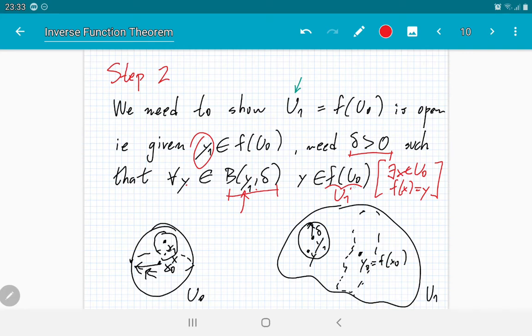Then what does it mean to be in here? It means that y is here if it has a pre-image in u0. So that's the challenge. We don't know much about f, but somehow we need to prove that points have pre-images, by virtue of being close to points that have pre-images.